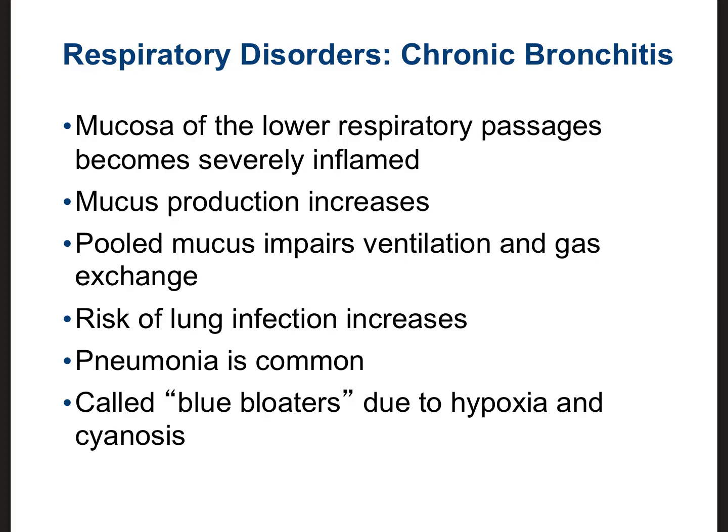It's restricted. Mucus builds up because of the inflammation. The pooled mucus impairs ventilation, so air doesn't move in as well. As a result, more mucus impairs gas exchange. More mucus, which is pooling, leads to increased infection, and pneumonia ends up being a common result.